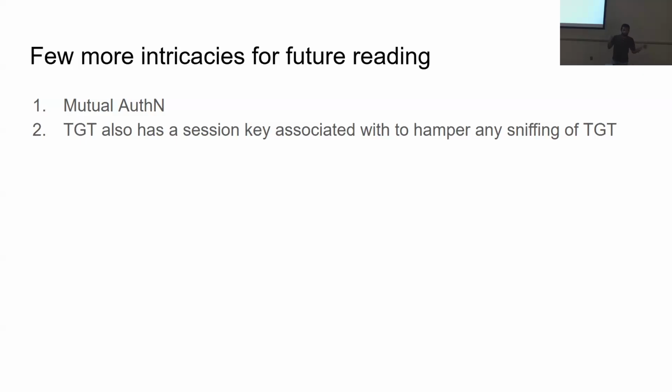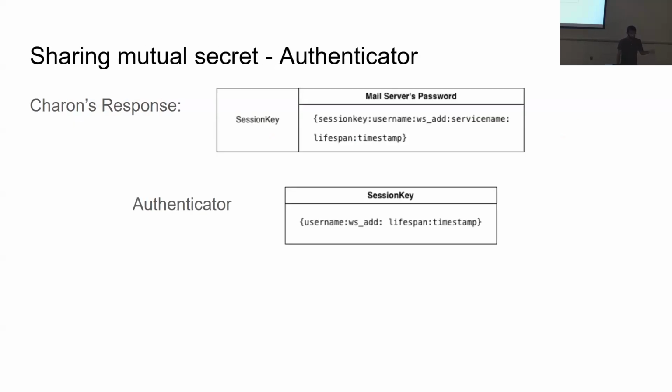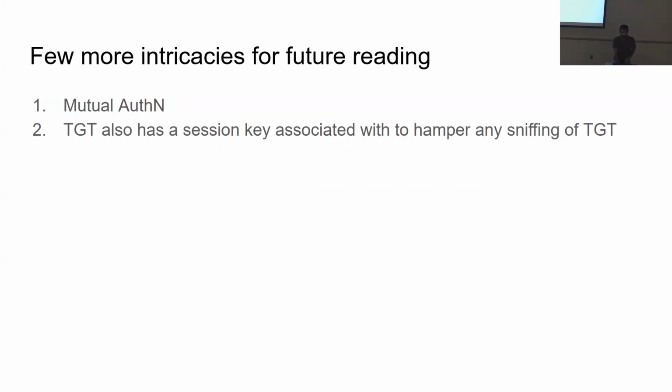And then we talked about the session key, right? So the ticket granting ticket is also associated with the session key because if someone gets a hold of the ticket granting ticket, they can still work around all of this to get service tickets for someone else. So once we have the session key associated with the ticket granting ticket, it'll make the ticket granting ticket secure as well.